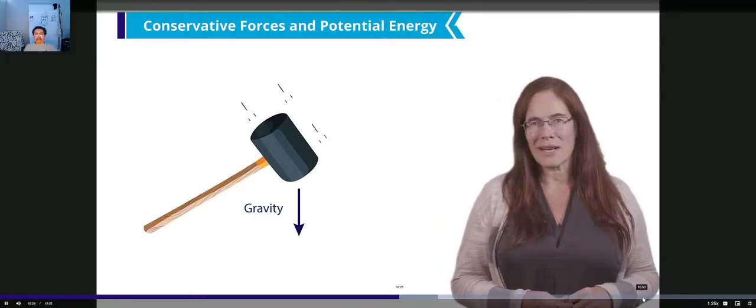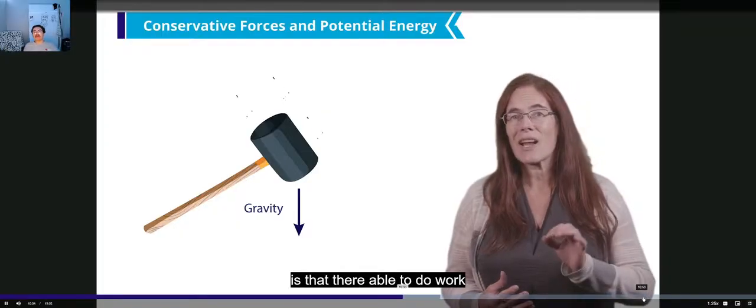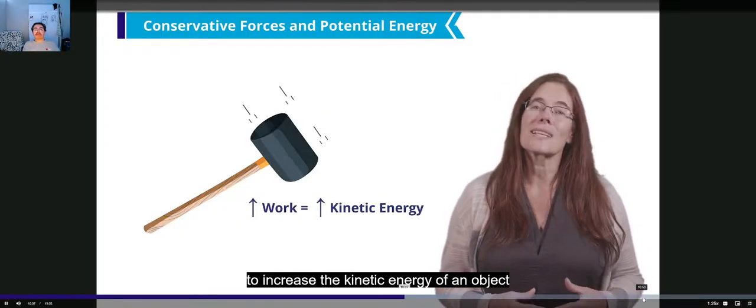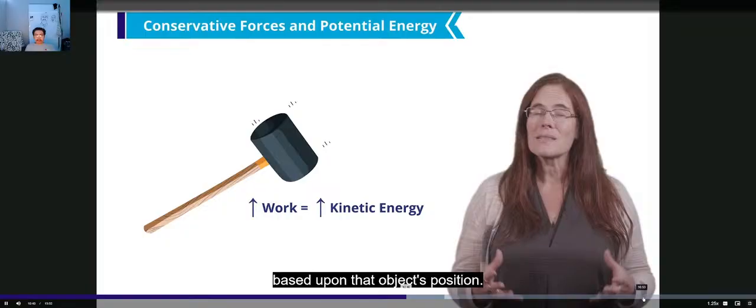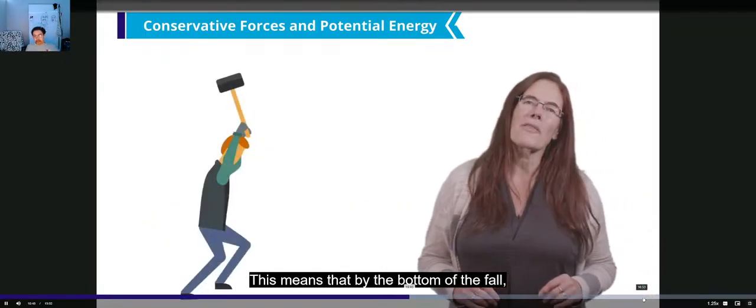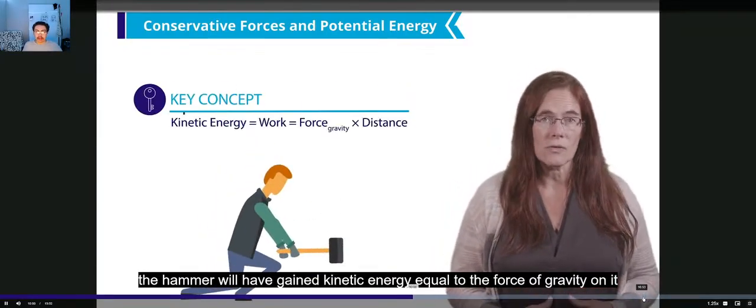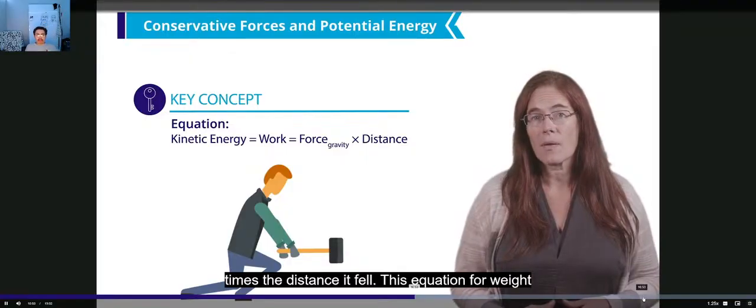And here, we're back to work. The special thing about conservative forces is that they're able to do work to increase the kinetic energy of an object based upon that object's position. This means that by the bottom of the fall, the hammer will have gained kinetic energy equal to the force of gravity on it times the distance it fell.